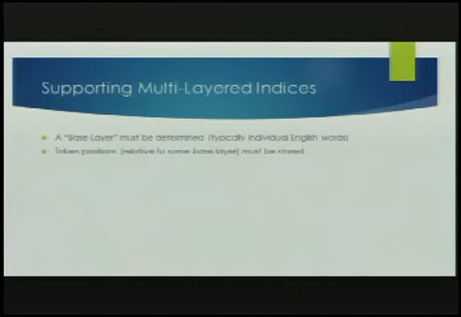So this token starts at position 1, this token starts at word 6 of our base layer. And then we also store token length, so this token extends for 6 words in our base layer.